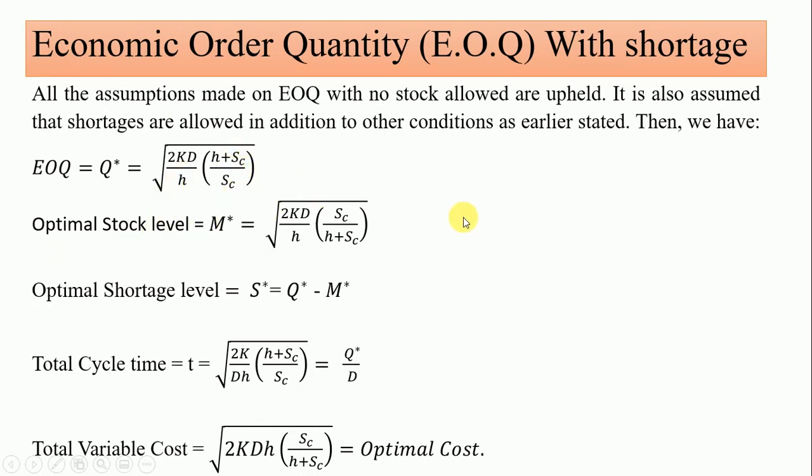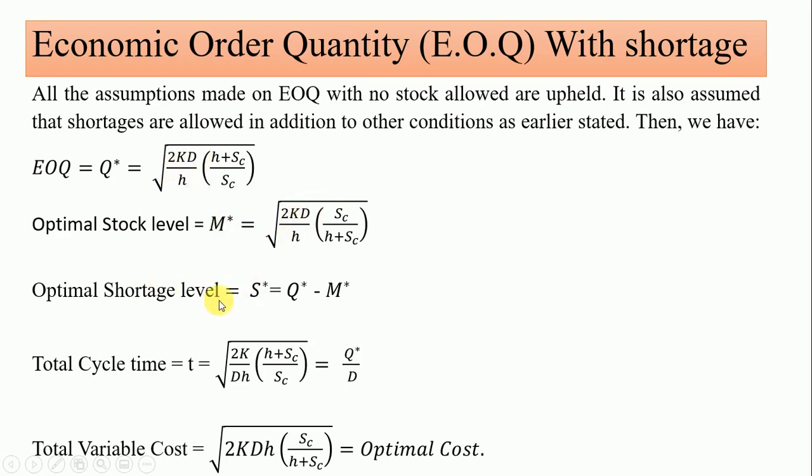Other related measures after you have calculated your EOQ for computation that involve shortage are the optimal stock level, denoted by M star. It's just like you turn this place upside down. The 2kD over h remains the same.